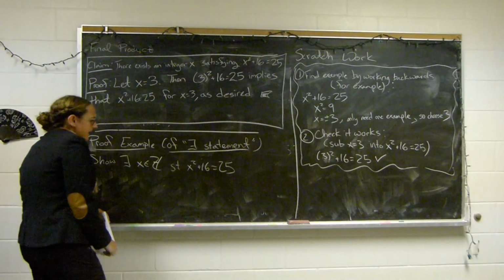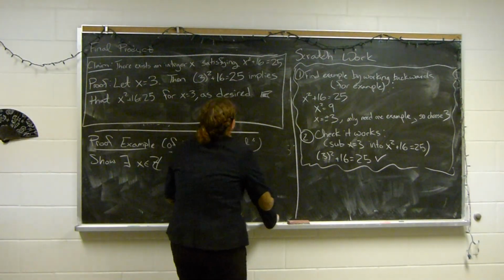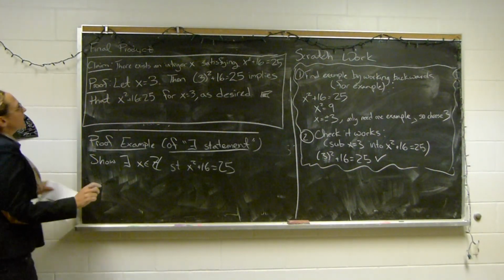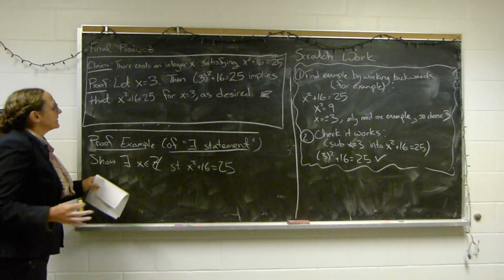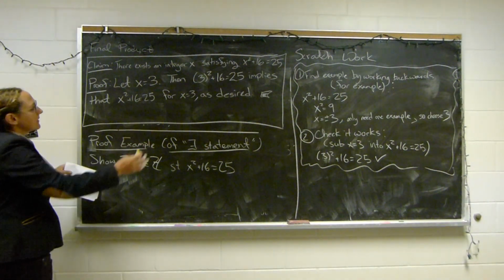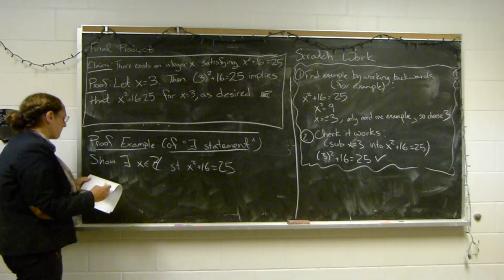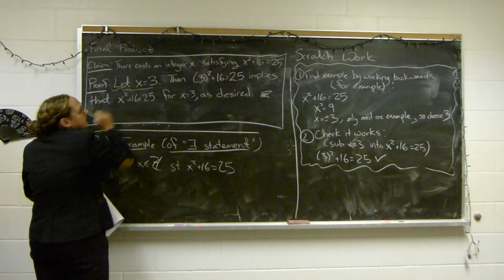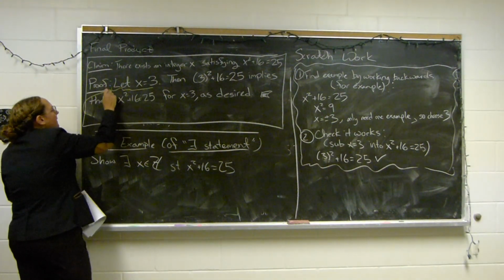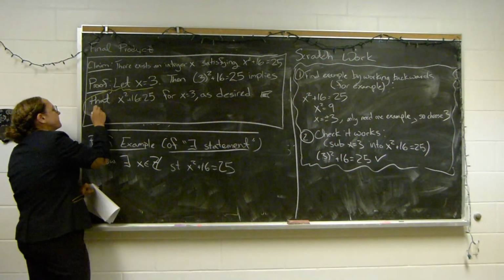Okay, so I like to annotate things so that we can see what's going on. So this is our final product. It's nice, complete sentences. I didn't include any extra nonsense like how I actually got it. So this is the first part, where I stated the example.